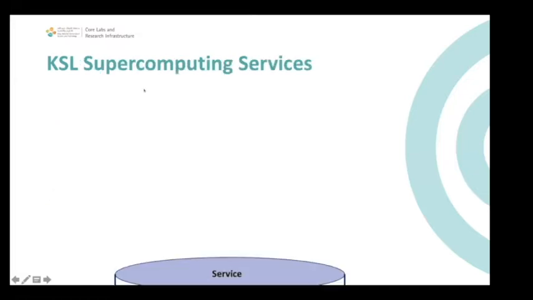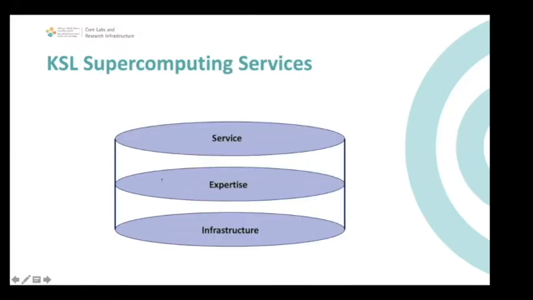So the way we provide our services is first we have 3 layers of services: the infrastructure, which is mainly the supercomputing facility. Then we provide expertise to help users to use that infrastructure the most efficiently possible, to maintain it and upgrade it over time, and so on and so forth.